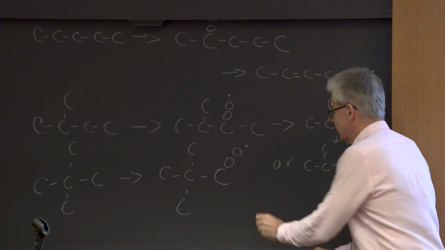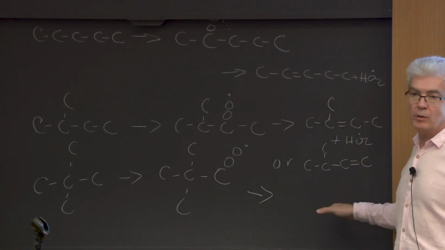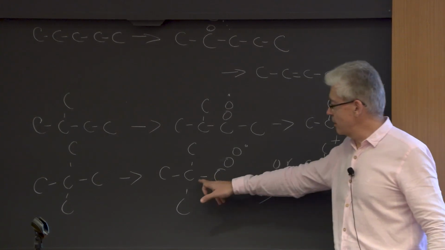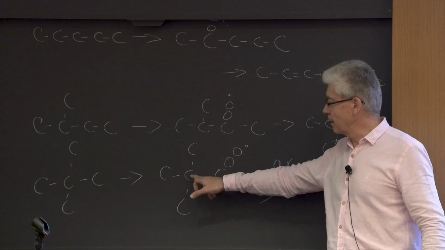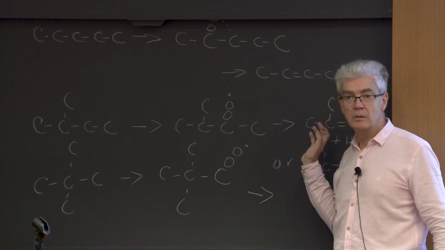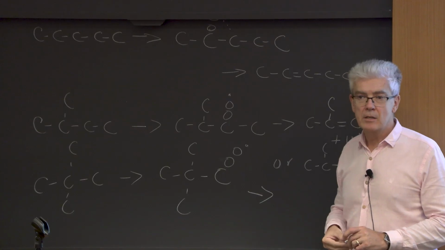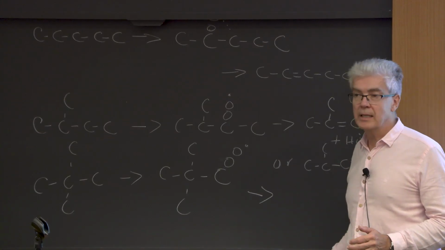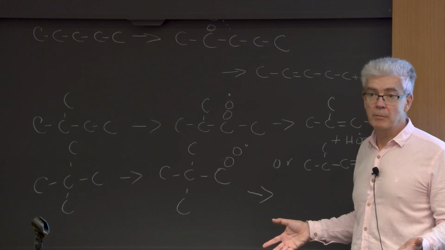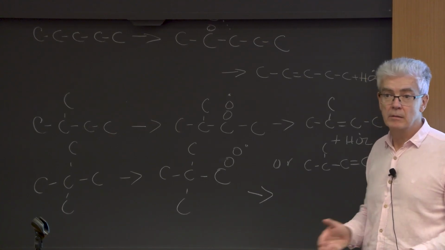But now this cannot give you a C5 olefin. There is no hydrogen on this carbon that can give you the double bond plus HO2. So you cannot get the C5 olefin in that case. Neopentane just cannot do it because of its structure.